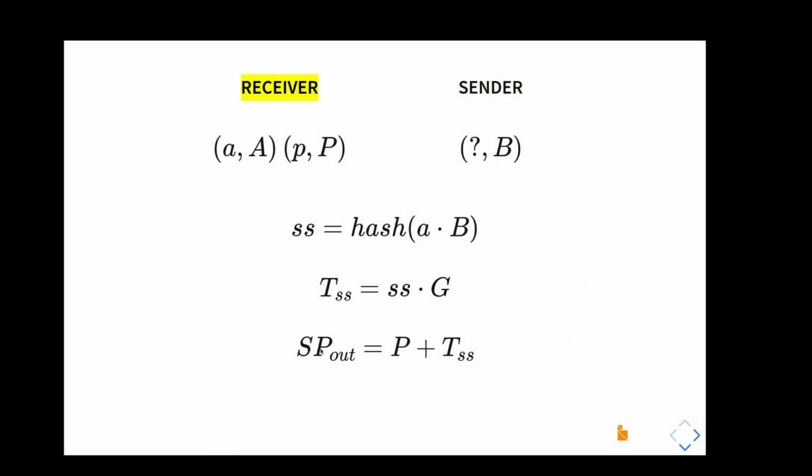But when we look at the receiver's perspective, sorry, we have the sender, we don't know the private key of the sender. So in this case, the receiver just uses his private key to produce this secret, and this is the same secret that the sender has produced before.